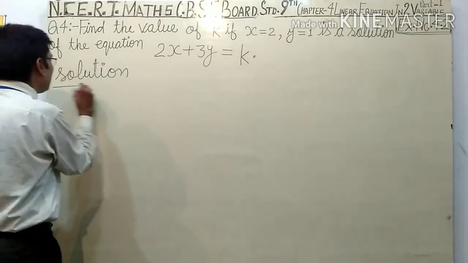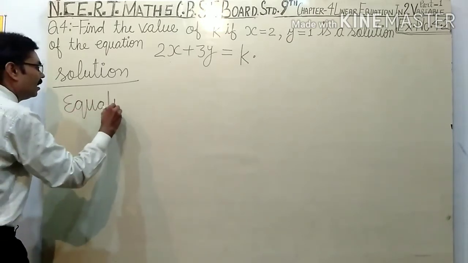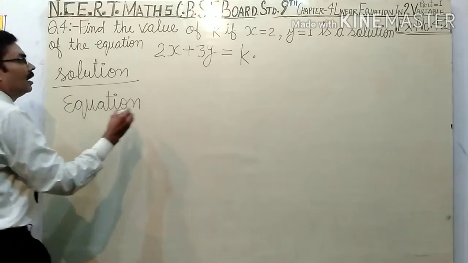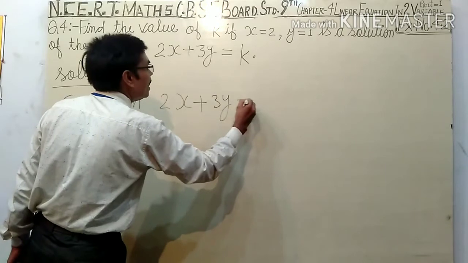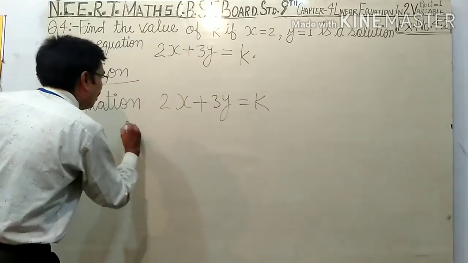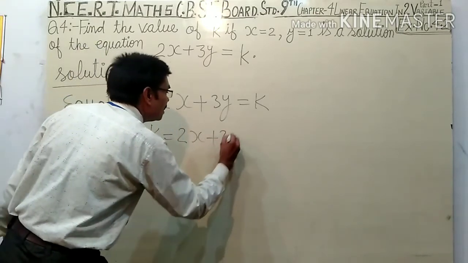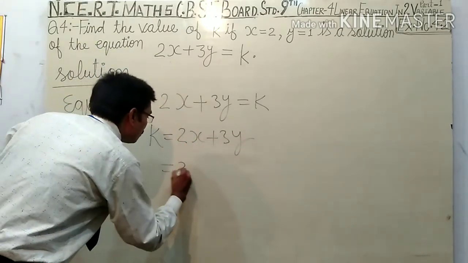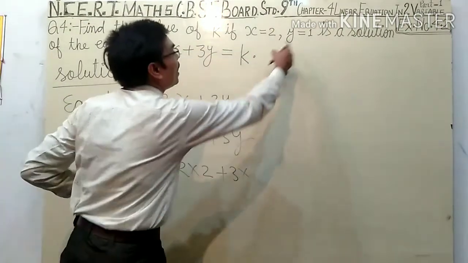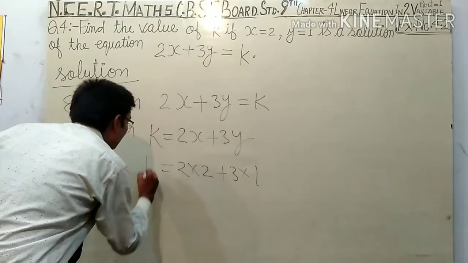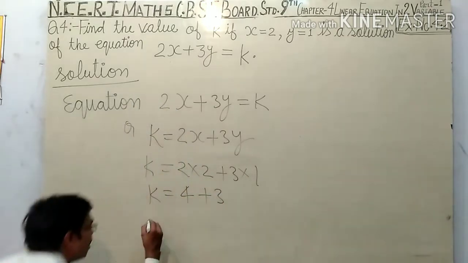Then first write the equation 2x plus 3y equal k, or k equal 2x plus 3y, equals 2 into value of x 2, and 3 into value of y 1. Thus we get k equal 2 into 2 is 4 plus 3 into 1 is 3, or k equal 7.